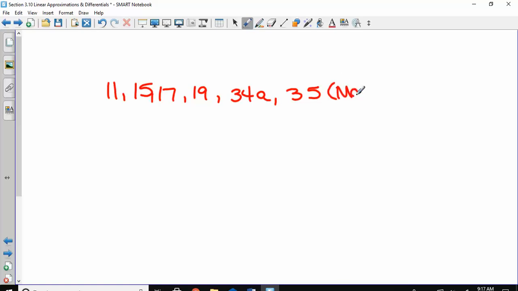Okay. On 35, it asks you to find the maximum error and the relative error. We have not talked about relative error. You are just doing the maximum error on this.